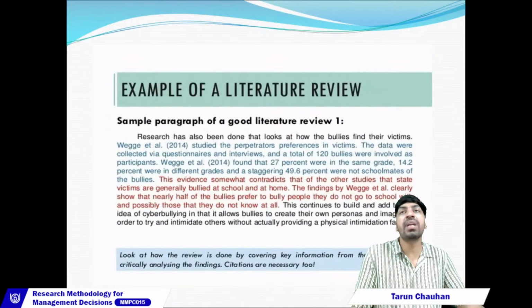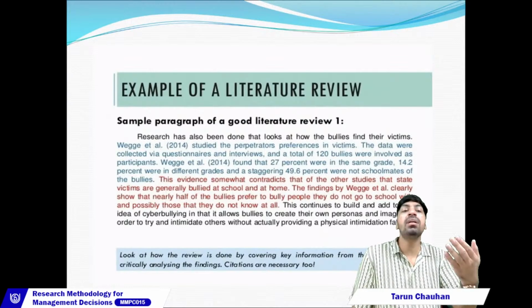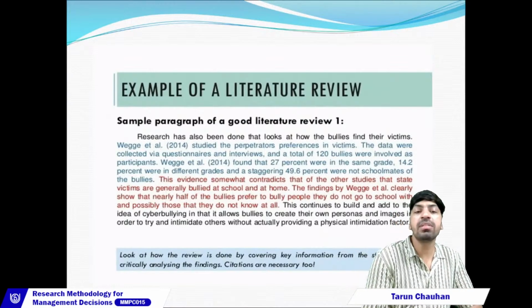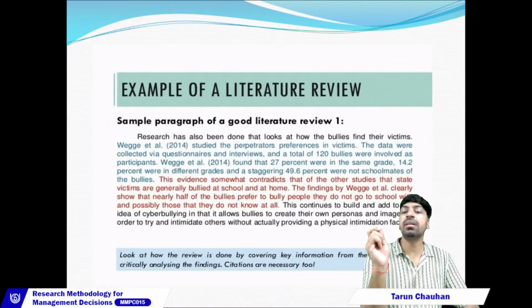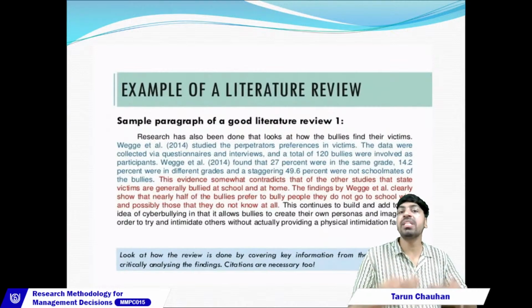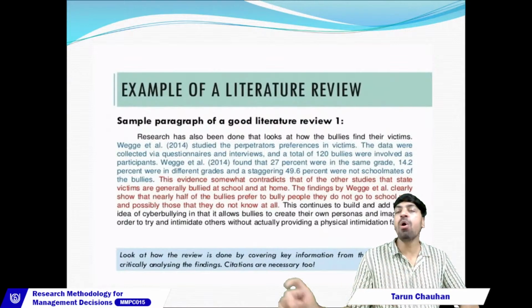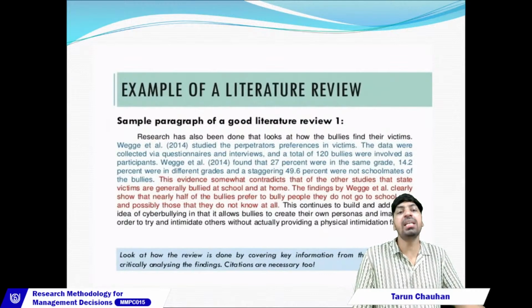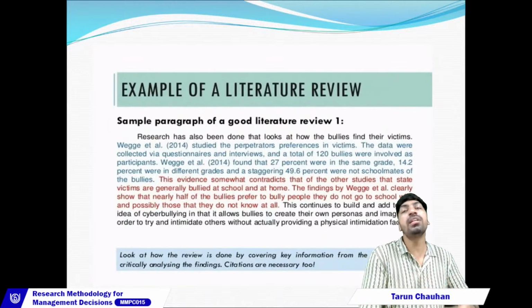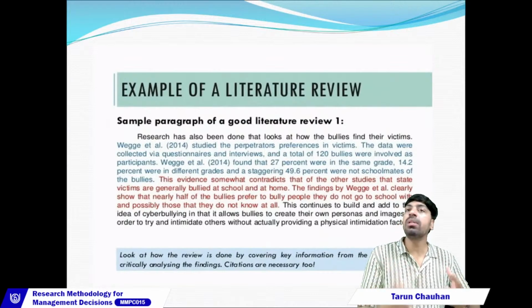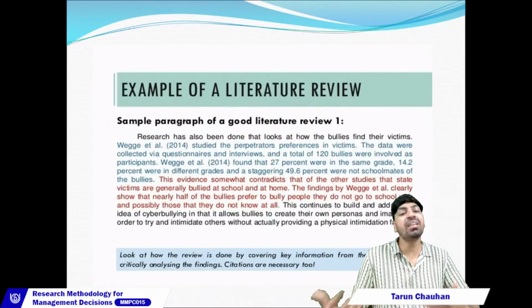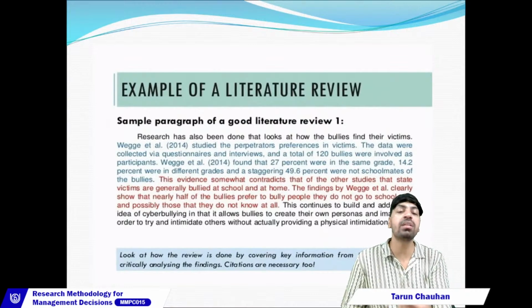Citations are given in numbering. If it is Vegi et al 2015, there is a number stated as 1. So in the bibliography or in the reference list, the number 1 is the detailed information of the source that you have referred to in a literature review. So that's called the citation, which is to be given in numbers, that is 1, 2, 3.